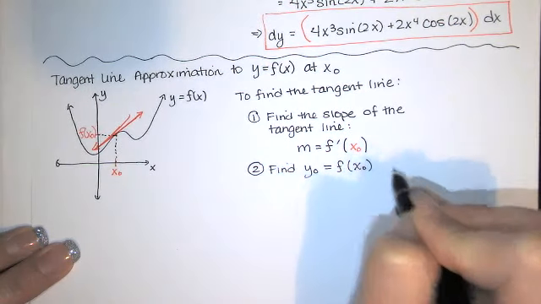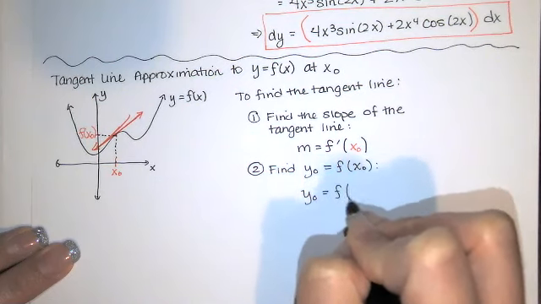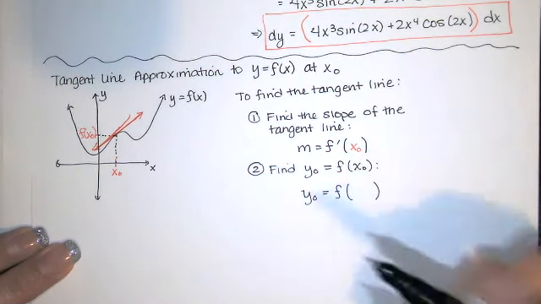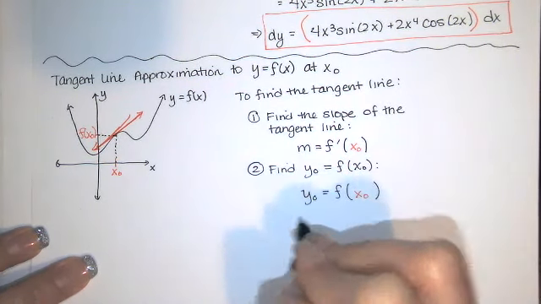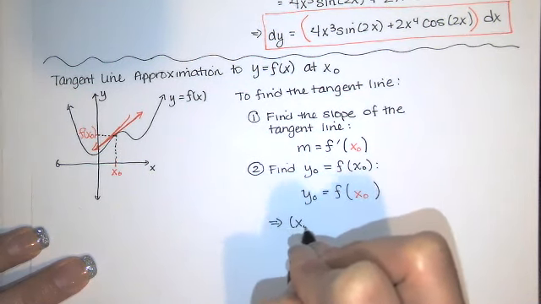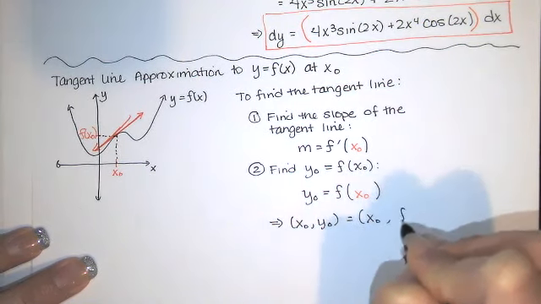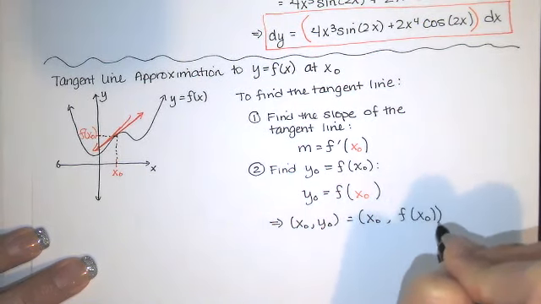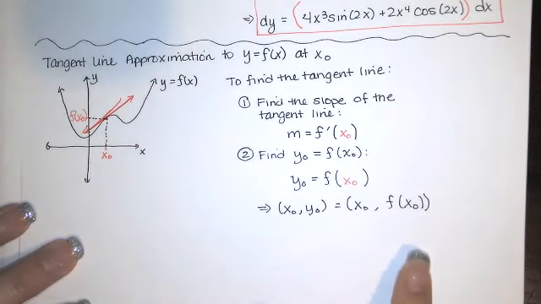Y equals f of x naught. You just substitute in x naught to your original function, and that gives you the corresponding y value. And that implies that x naught, y naught, which is x naught and f of x naught. I know it looks like alphabet soup, but that's just a number and that's just a number. That is a point that lies on your line.